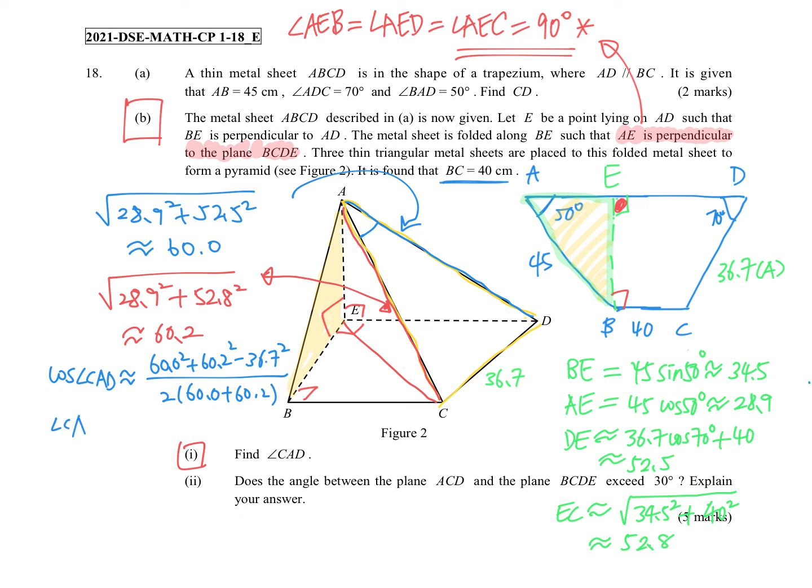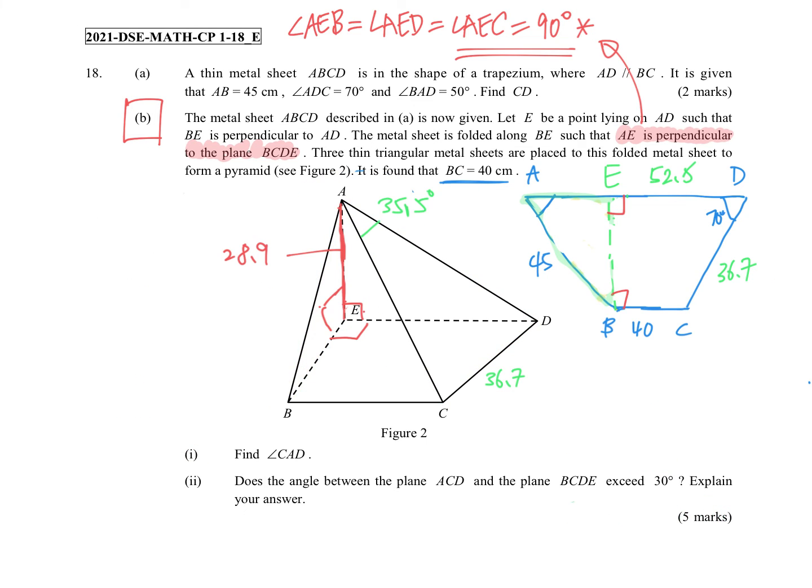So angle CAD, by using the calculator, would be 35.5 degrees. Okay, so that would be for B1, with very lengthy steps. Okay, so here comes the last part.